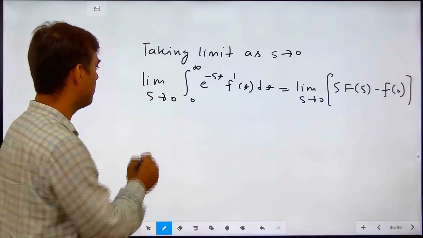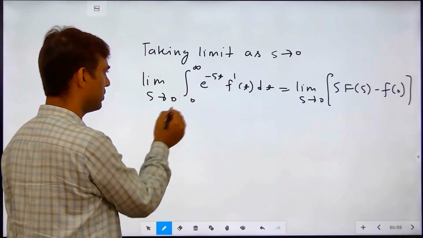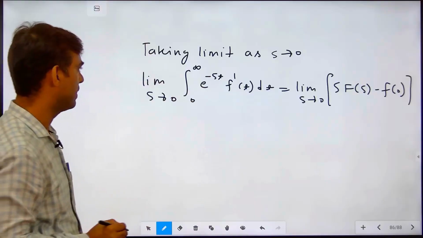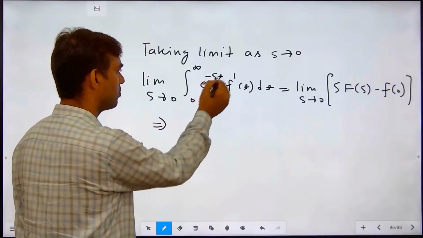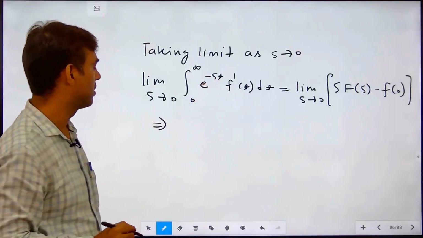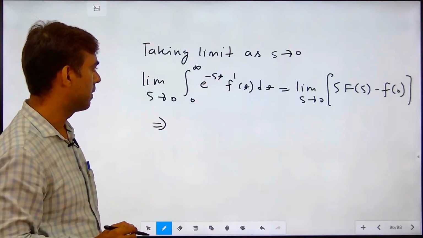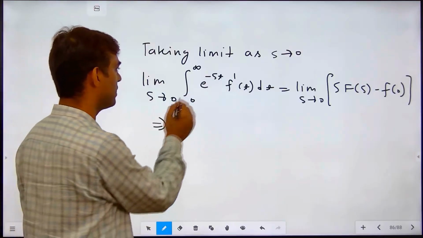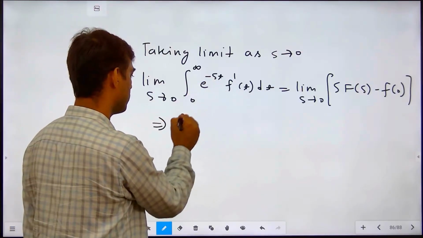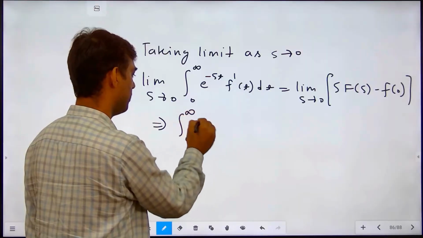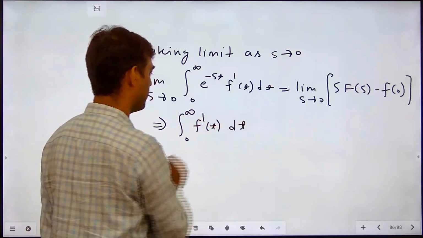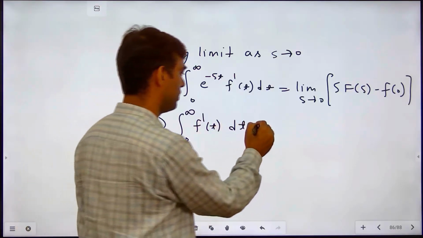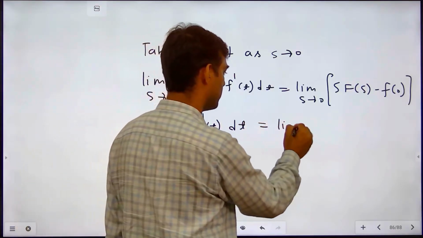Now, we put the limit here, limit s tends to 0, then what will happen here? In e to the power minus s t, there is one term having the variable s. So, limit s tends to 0, this becomes the integral from 0 to infinity of f dash t dt. The left hand side becomes this one, and there is no change on the right hand side.